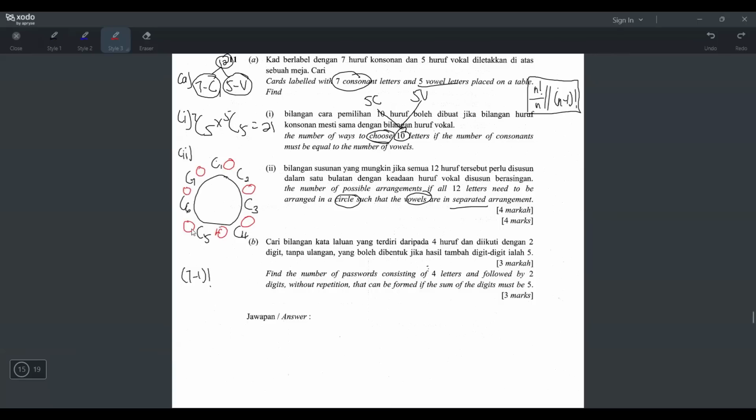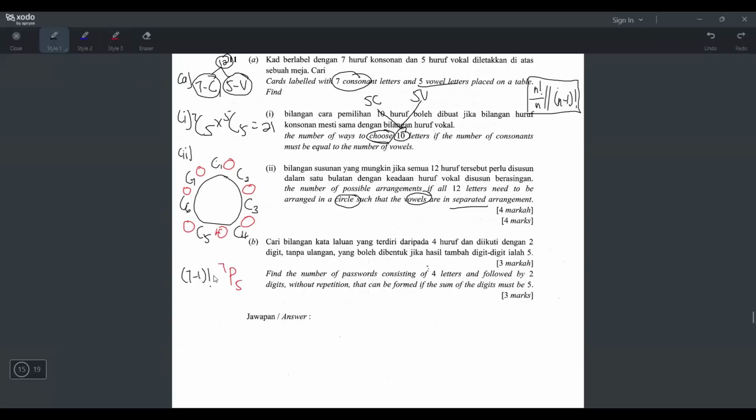And out of these 7 gaps, we will choose 5 to arrange the vowels in. There are only 12 slots in total. Since 7 are already filled with consonants, the remaining gaps are 1, 2, 3, 4, 5, 6, 7, and out of these 7 we can only fit 5 more, so 7P5.